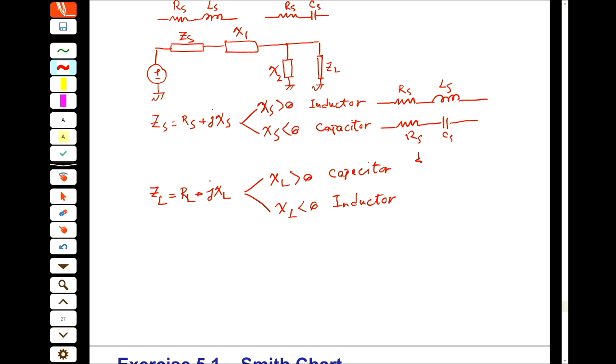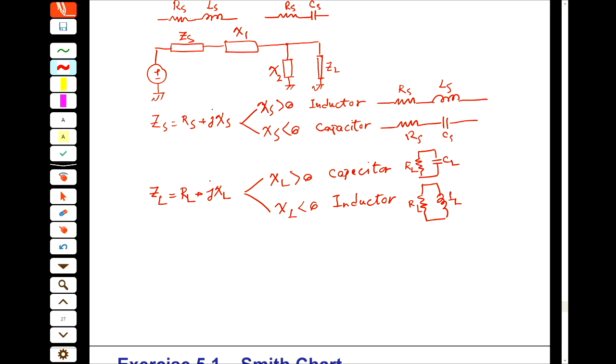So this is LL, RL, or RL, CL. Again, I'm going to match this RS to this RL, and the imaginary section of the source and the load are inside the matching network. Clear?